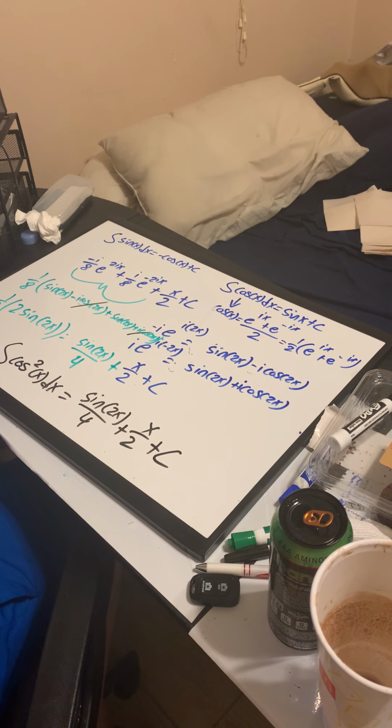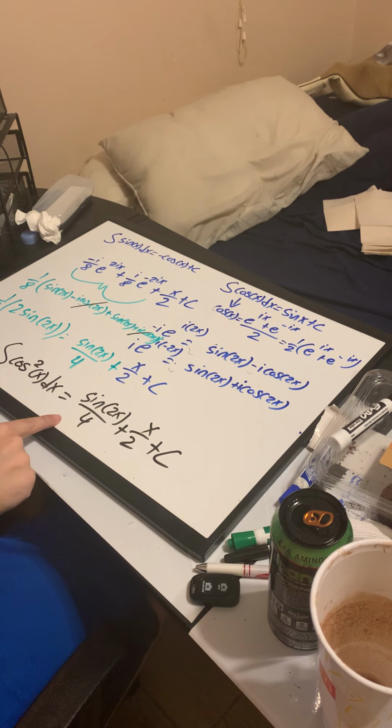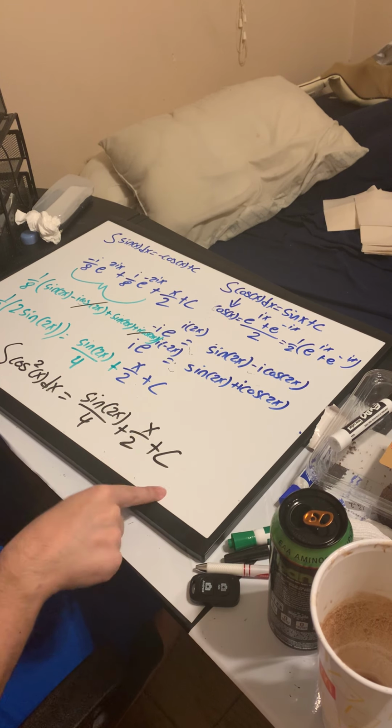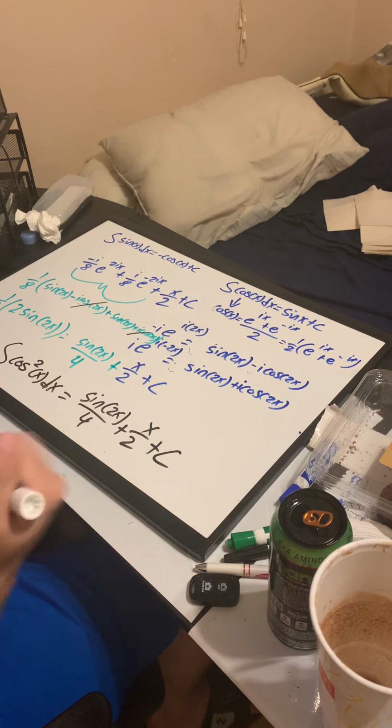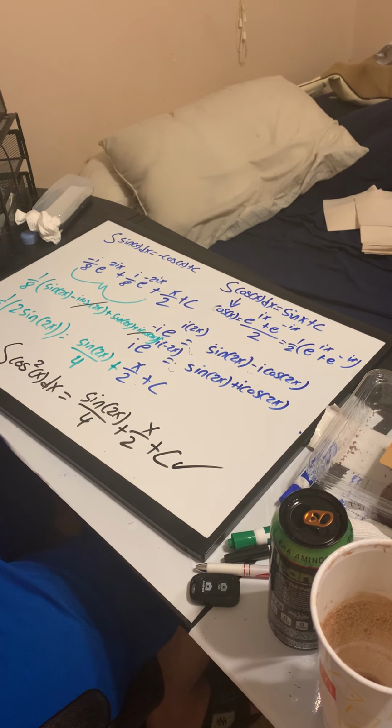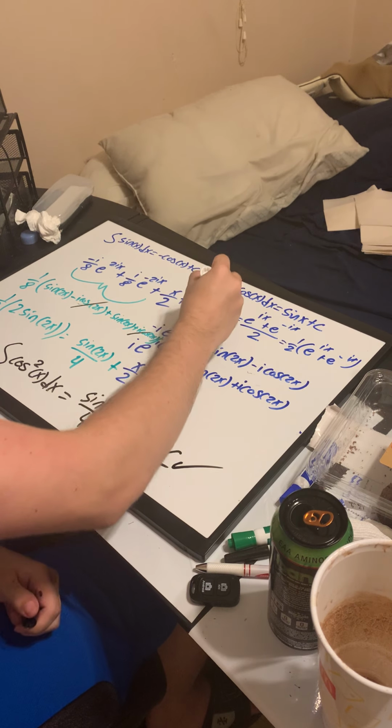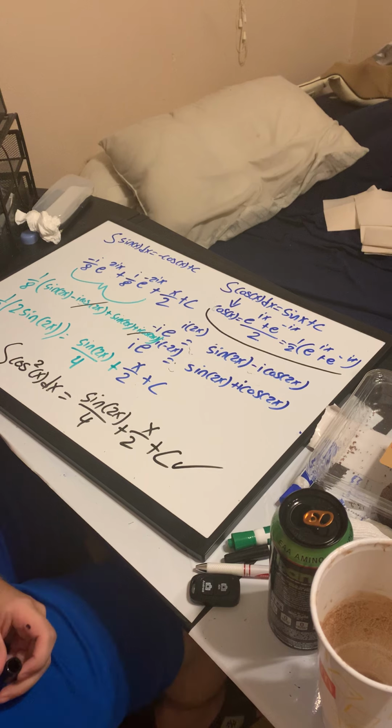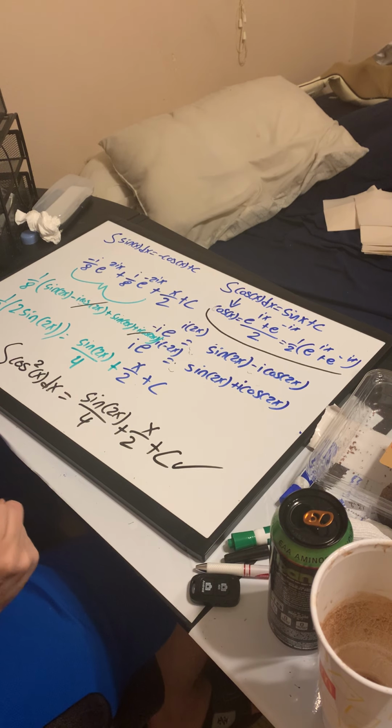Let's see, integral of cosine squared of x is what? And we get 1/4 sine of 2x plus x over 2 plus c. So without using any trigonometric formula other than Euler's notation, you can integrate functions like this, right?